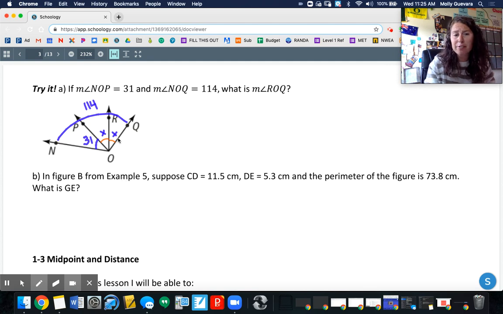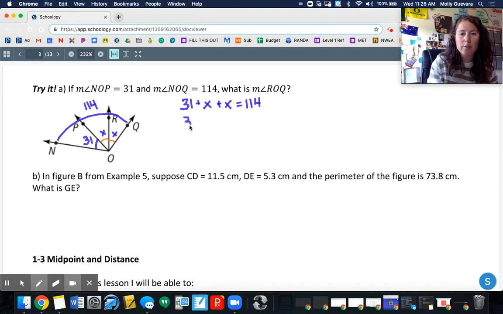So now I can write an equation. Know that these three angles add up to 114. So 31 plus X plus X equals 114. And I'm just going to start solving. So I'm going to combine my like terms.